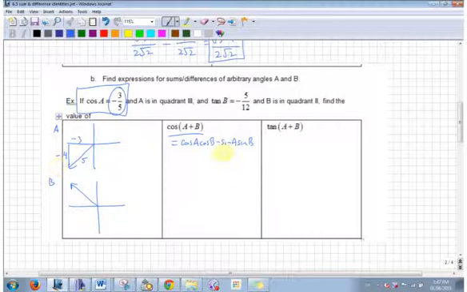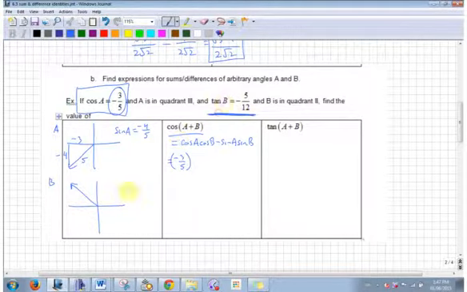Okay? So I need to know sine A. Sine A is O over H, or negative 4/5. Okay? So cosine A is negative 3/5 times cosine of B. Oh, I need cosine B.